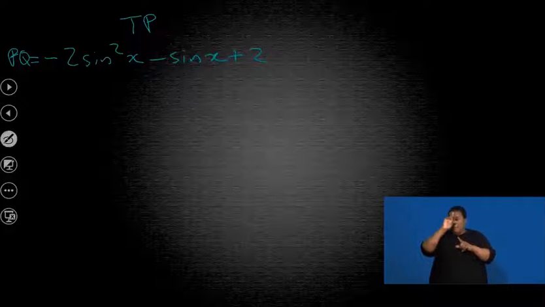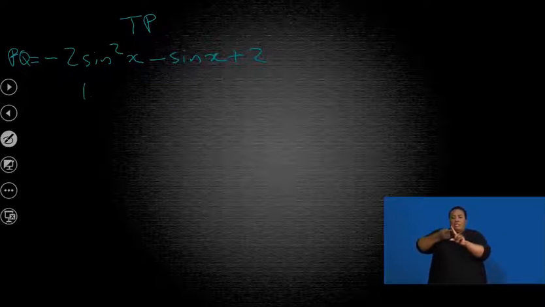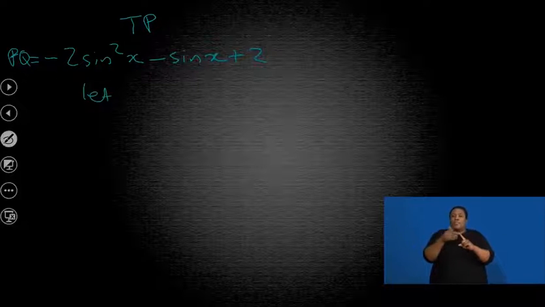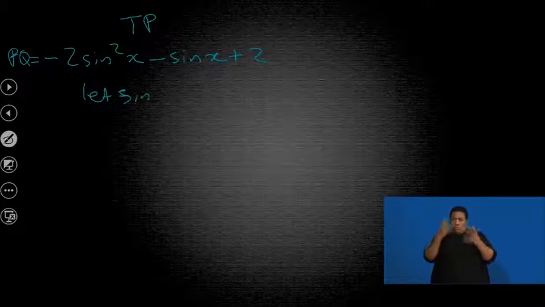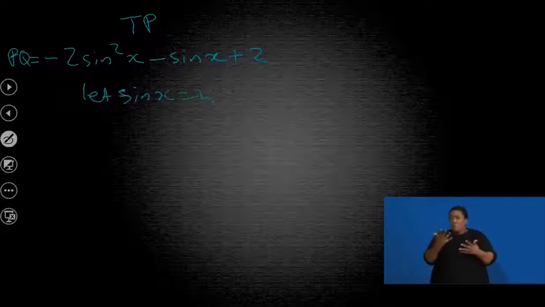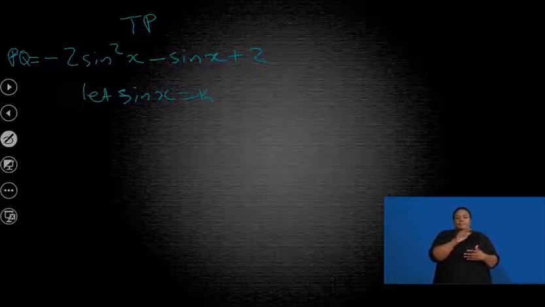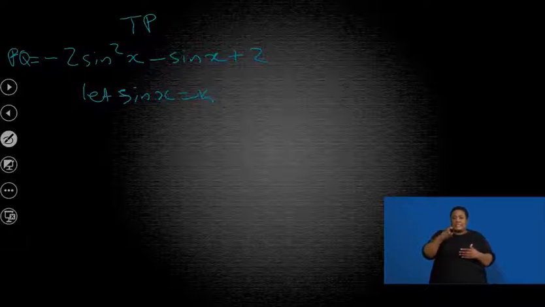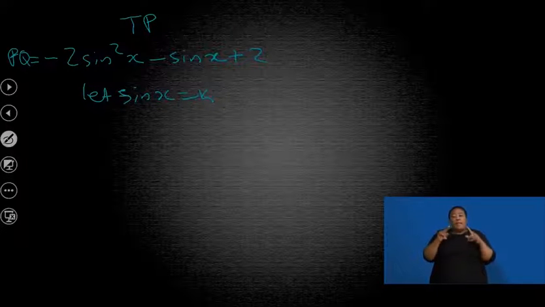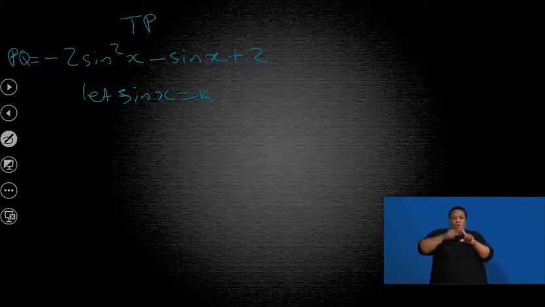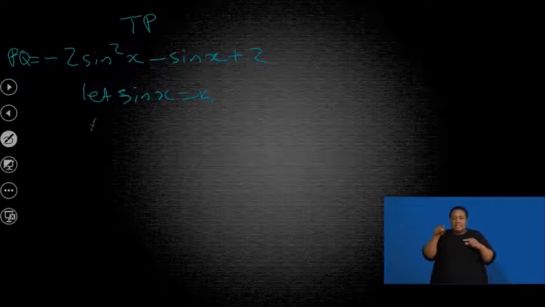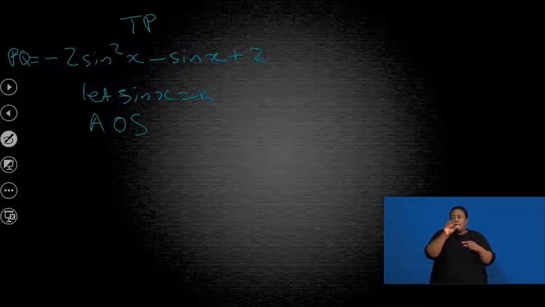So, this is a quadratic equation. If you don't know how to factorize this, you can say let my sine of x be equal to k, and work around it like that. But in this instance, you don't really need to do that. Instead, they want the turning point, meaning the axis of symmetry. So I'm just going to call it the AOS, right?